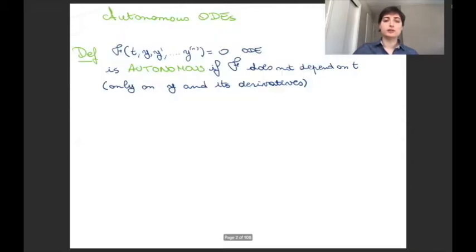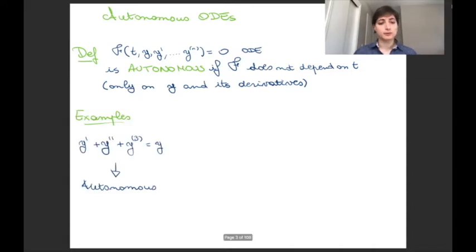So let's first look at one specific type of ODEs. They're called autonomous. If you have the usual ODE format, that is a function of time, y, and all the derivatives of y equals 0, an autonomous ODE is when the function doesn't depend on time, but only on y and all its derivatives.